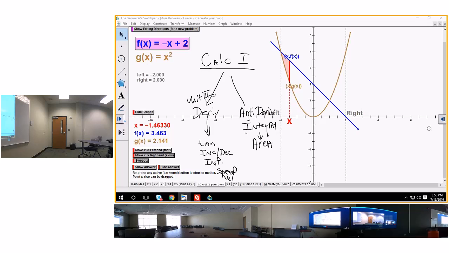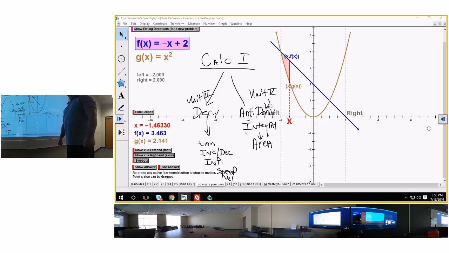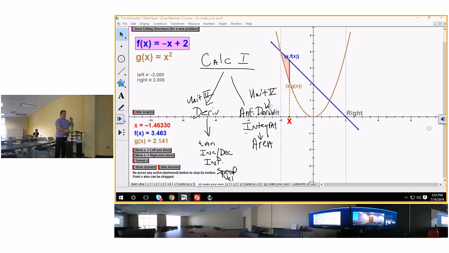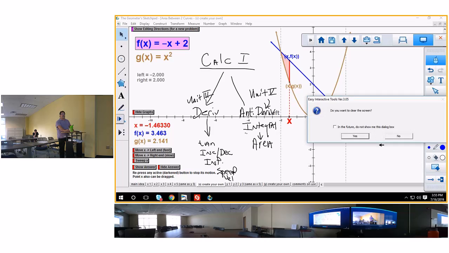Now you're going to spend Unit 5 studying the opposite of the derivative, which is the antiderivative. That's why I wanted to shoot to Chapter 5, because it's most important that you understand it. I'm going to drill it from here to the last day of class, which we don't have very much, but we meet every day. So we've got a little bit of time.